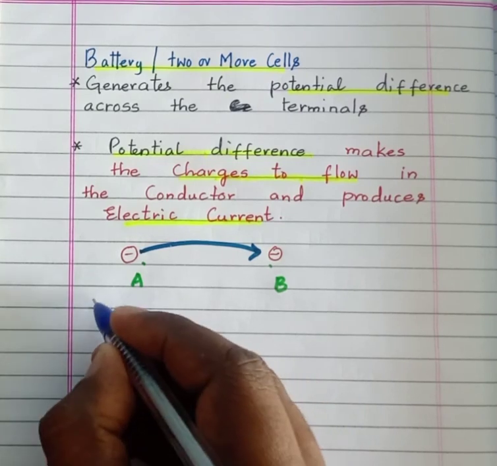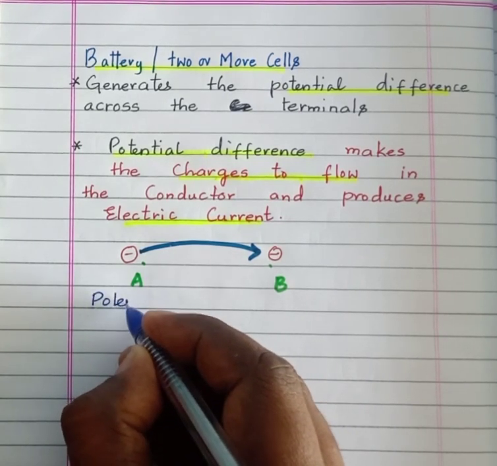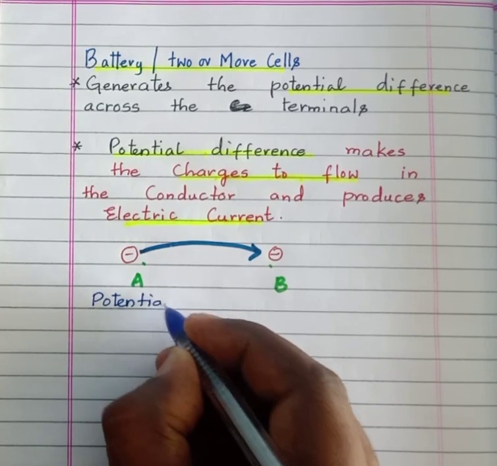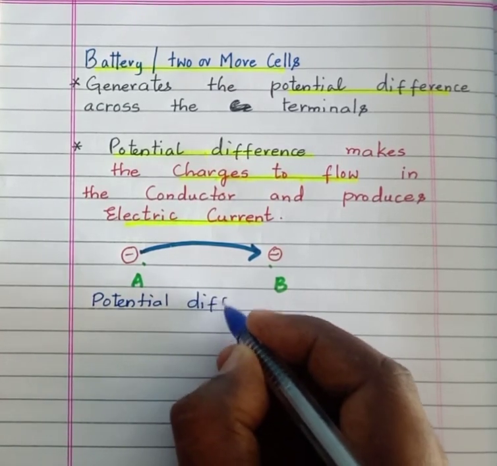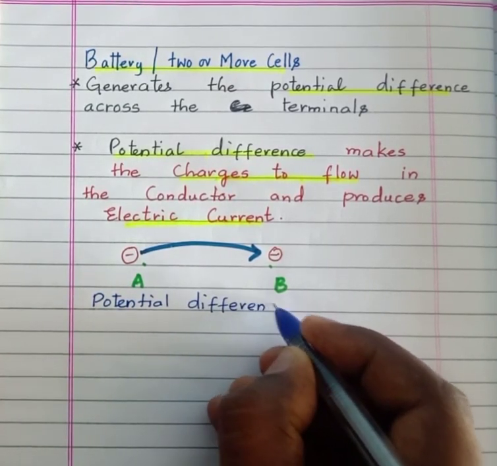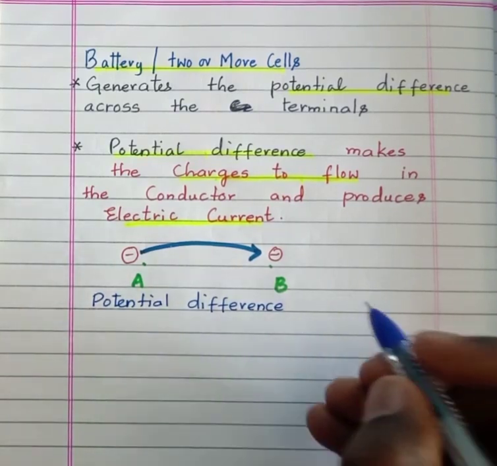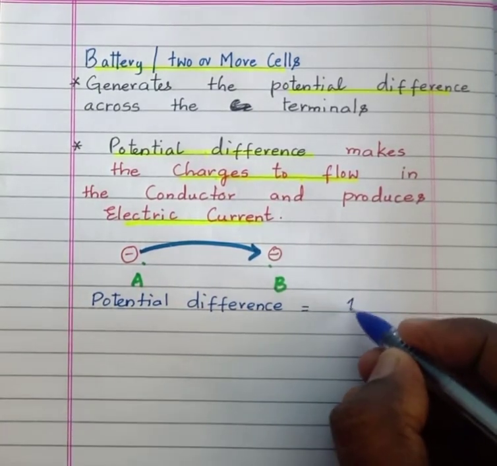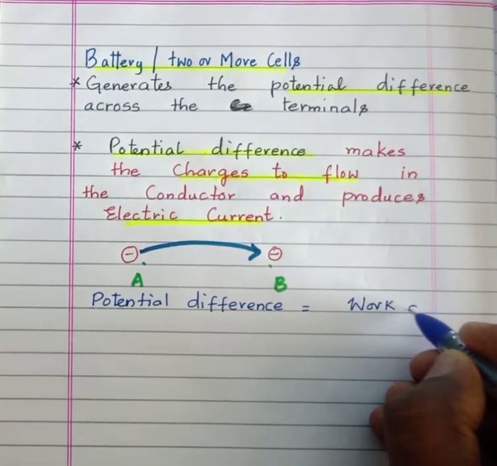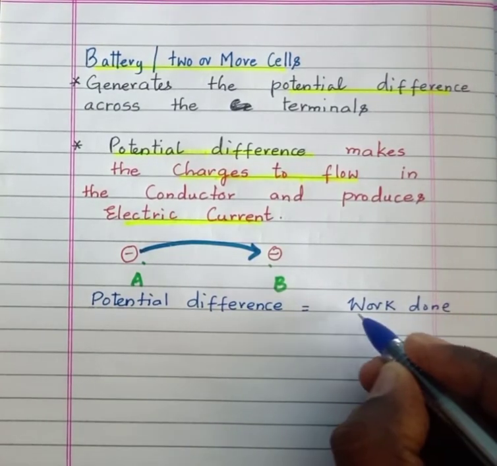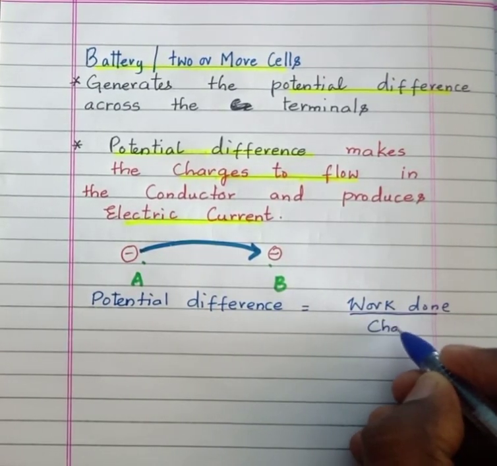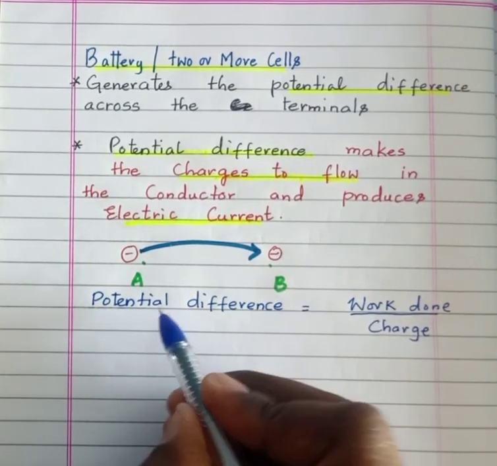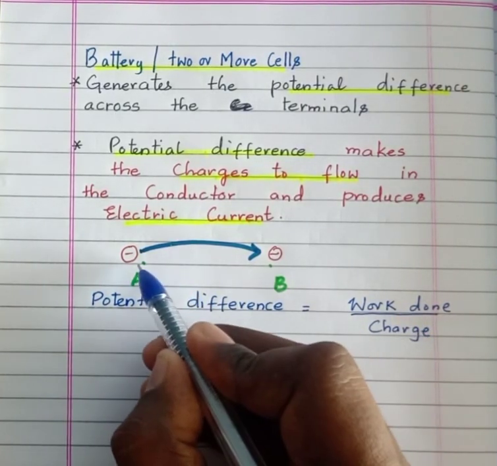That is, we have moved a charge from point A to B. So, in moving the charge from A to B, we have done some work. Potential difference is the amount of work done in moving a charge from one point to another. We call that potential difference.